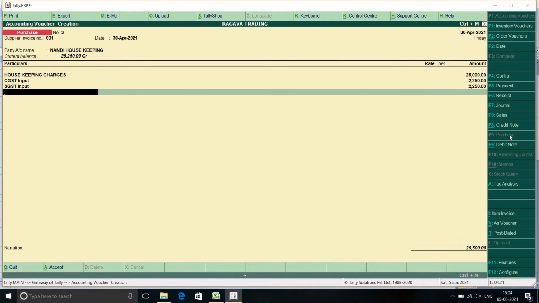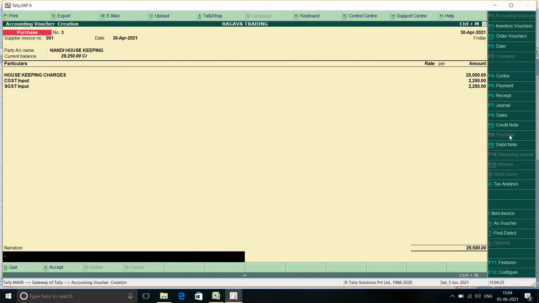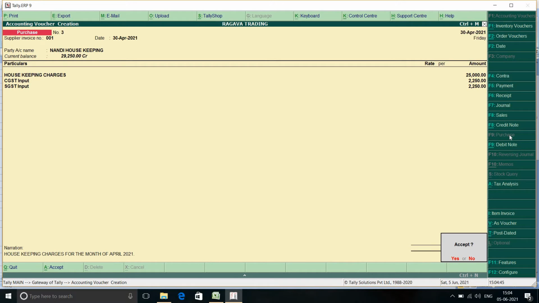For service, GST is 18%. Housekeeping charges for the month of April 2021.